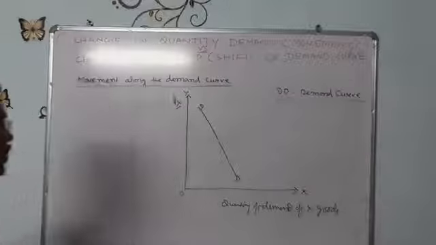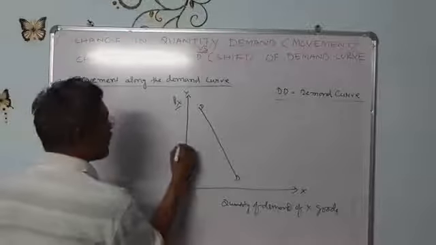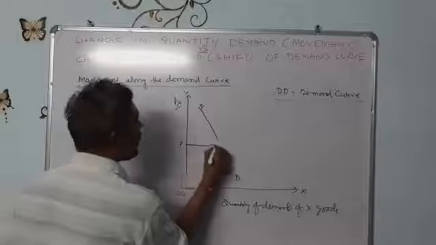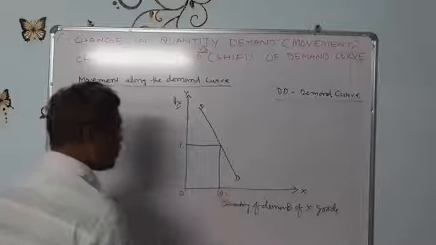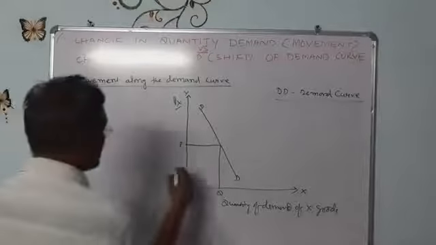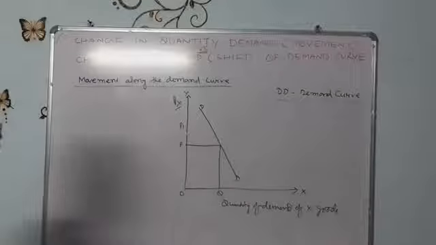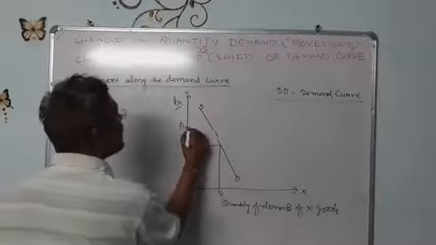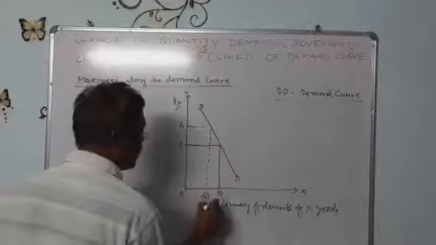When the price is P, quantity demanded is Q. When price increases from P to P1, the quantity demanded decreases from Q to Q1.